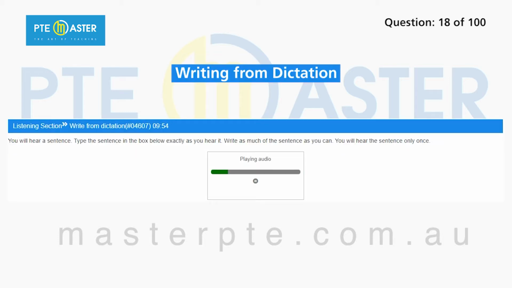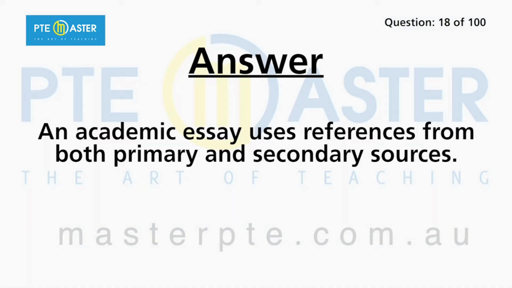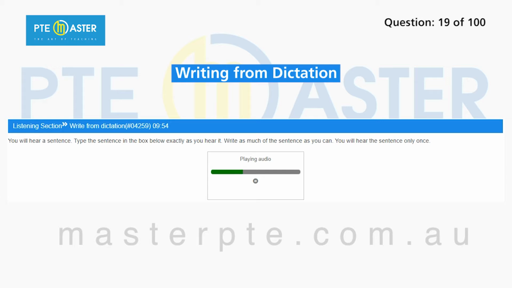An academic essay uses references from both primary and secondary sources. Online courses are for students to study at their own pace.